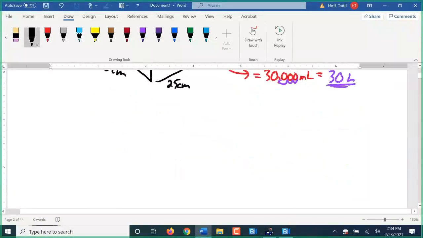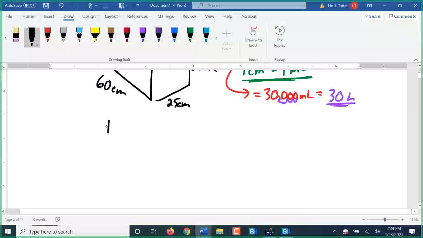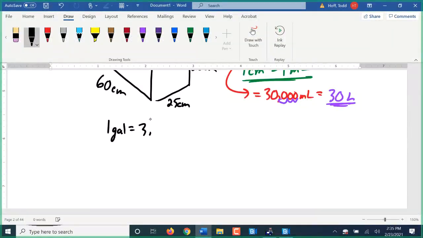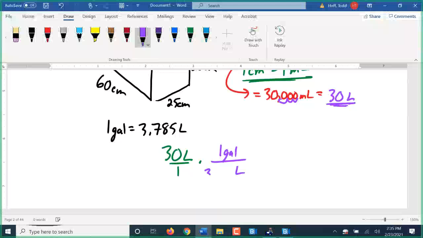Just to give you an idea of how big that is, 1 gallon equals about 3.785 liters. I think your book might just use 3.79, a rounded conversion. So take 30 liters over 1, and we're going to multiply by 1 gallon on top, 3.785 liters on bottom.